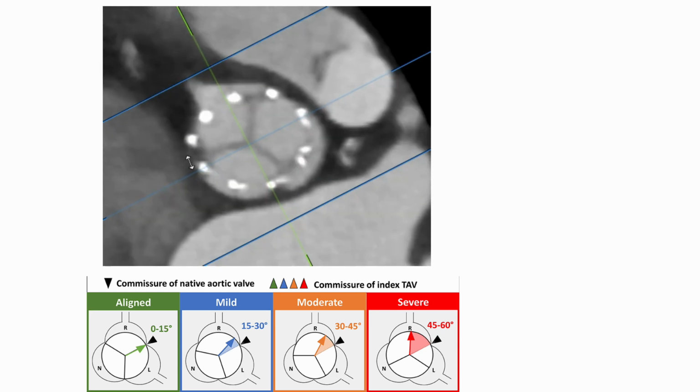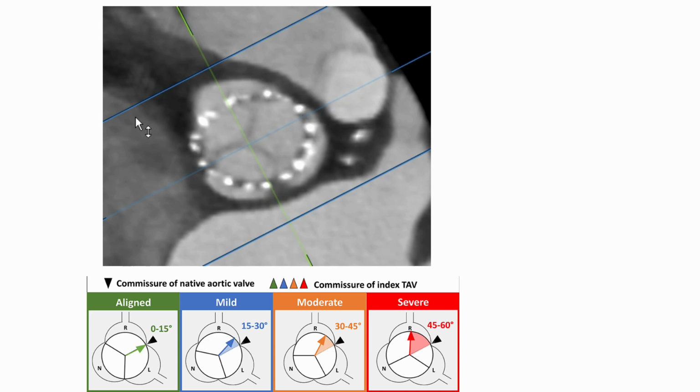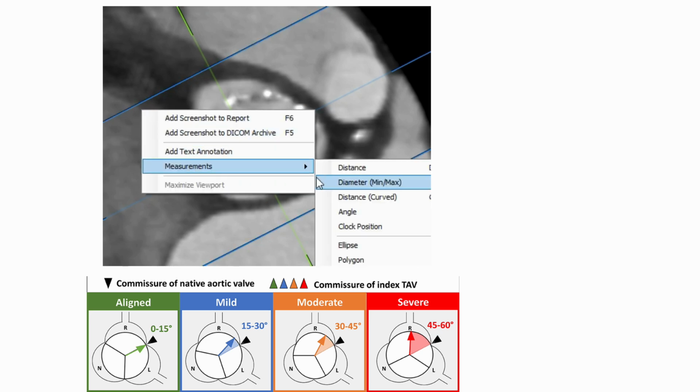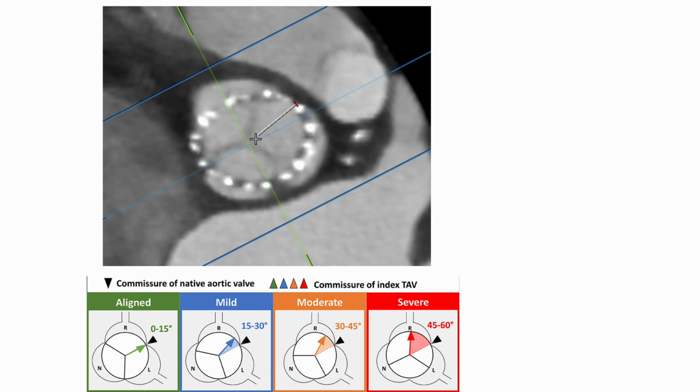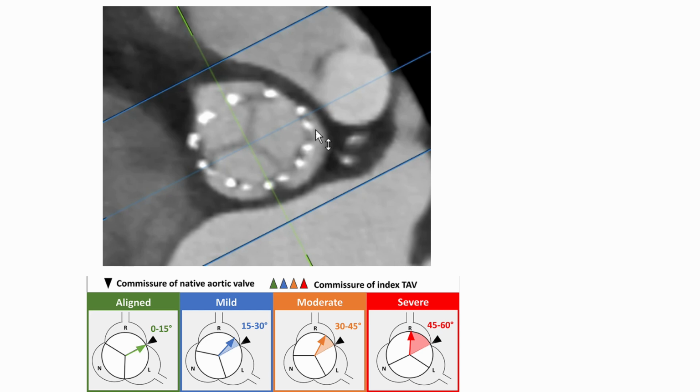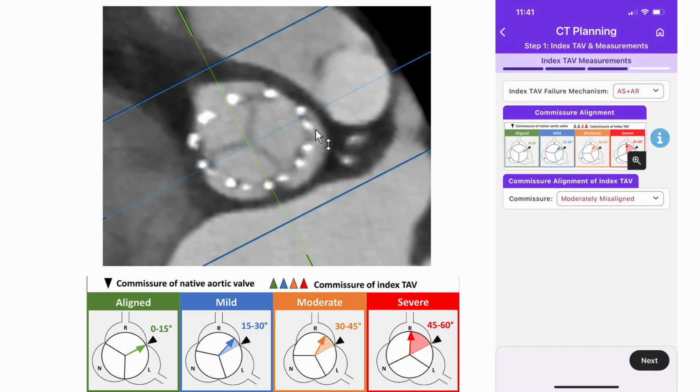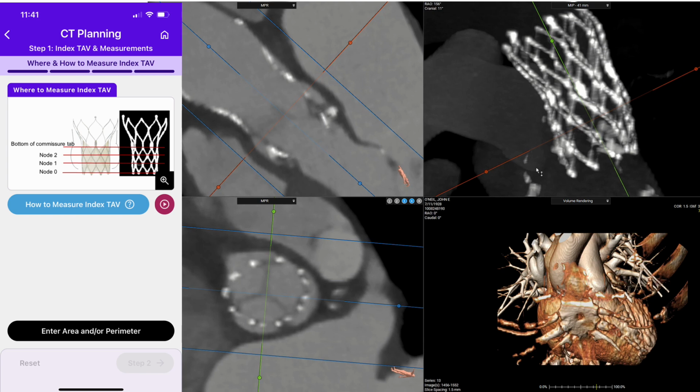The commissure offset is directly measured using an angle tool with the limbs aligned with the native commissure of the RCC and LCC and the THV commissure. In this case, the angle is 36 degrees, so select moderately misaligned, and perform the measurement of area and perimeter.